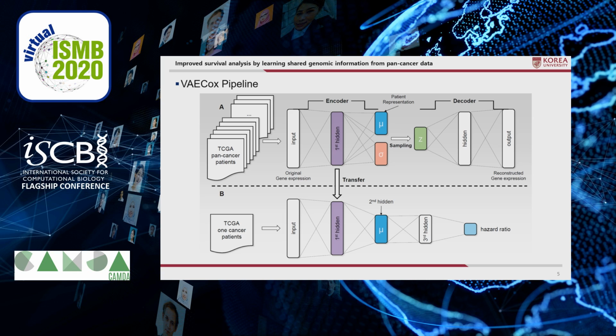Then the survival prediction phase. The main objective of the survival prediction phase is prediction of deterministic patient survival, not generating probabilistic samples. So we transfer only the mu encoder weights and combine a Cox proportional hazard layer that calculates the hazard ratio.